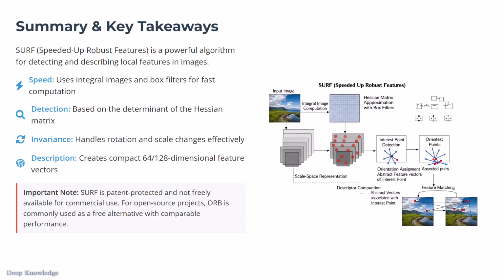The description of each key point is 64, not 128, it's 64. This is the SURF feature, and I would say it's not as smart as SIFT, but it's really fast and picks the most important features for you.